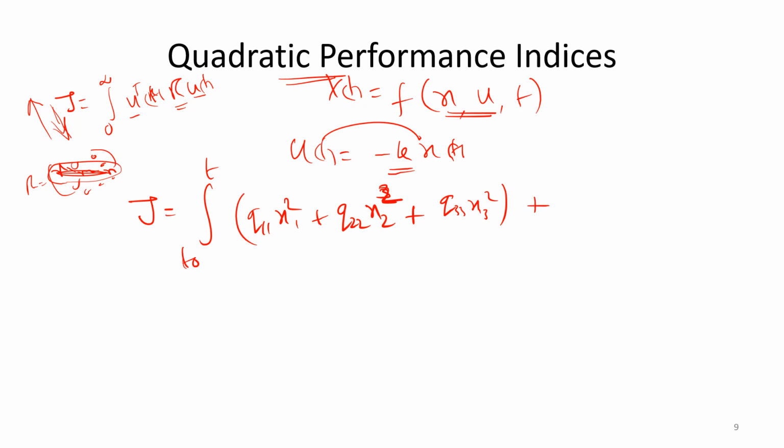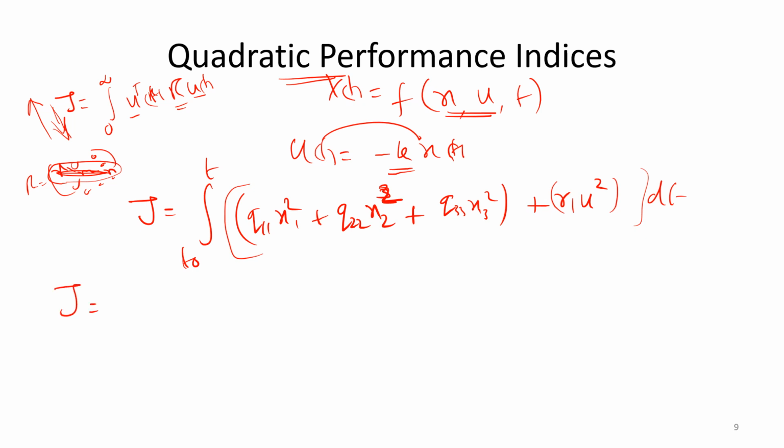Plus we have control variables also. That control variable we can name r1, and then u square. Since you have the squares of these things, we can name this the quadratic performance criteria. Then we do some small adjustments.